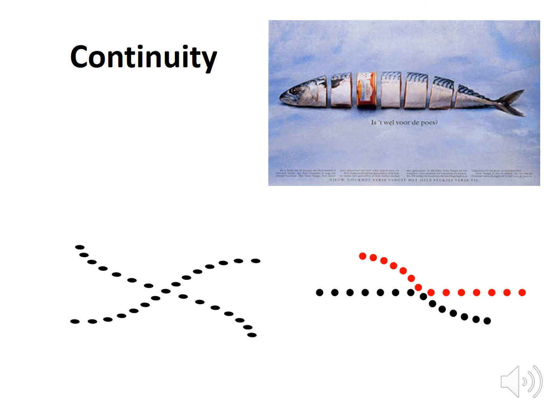If you take the lower right image, it will be a little bit more tricky. So here you have continuity on one hand, and you have similarity regarding the color on the other hand. So here you have a competition between continuity and similarity, and it's up to you to decide what works for you.